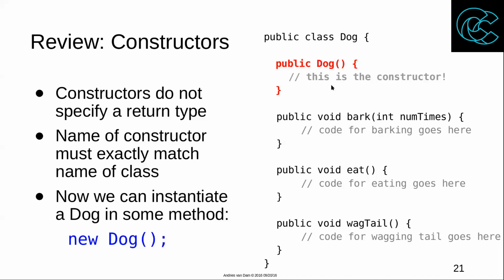You can directly use the breed attribute within any of these methods. You don't have to, in the main, say the name of the dog is Tiger, and then say Tiger dot breed. You shouldn't be using that in main. The proper way of using that is through the getter and setter. So you can say Tiger dot getBreed, and it will return the breed.